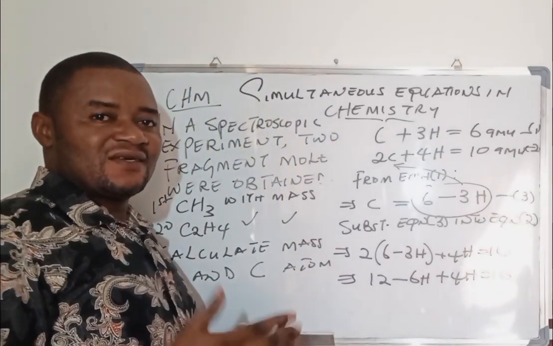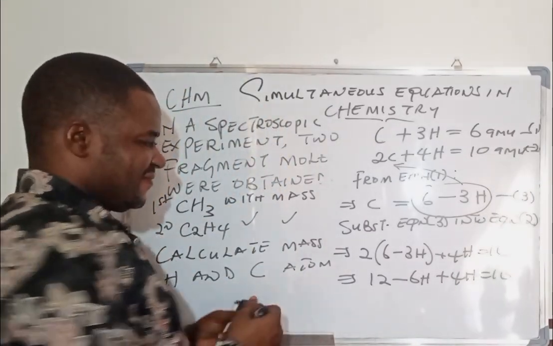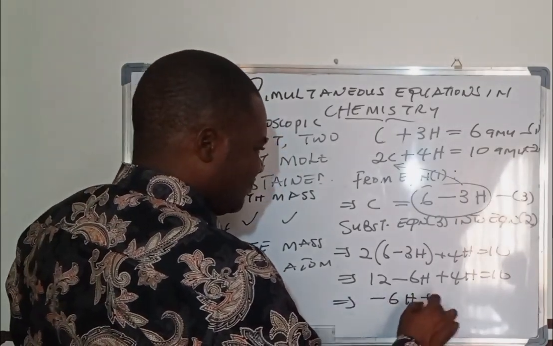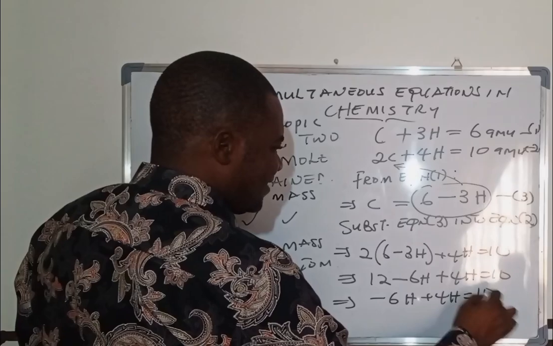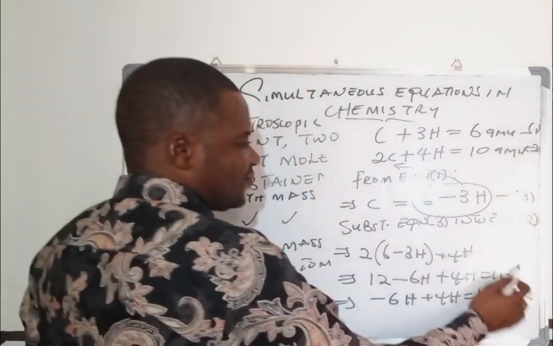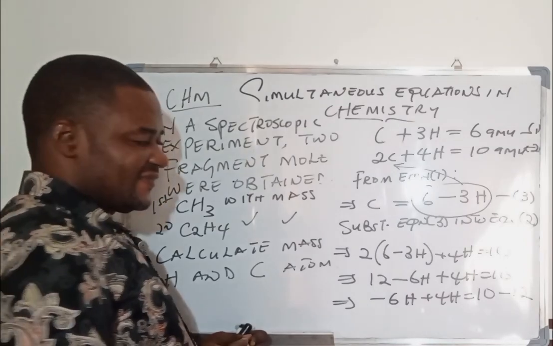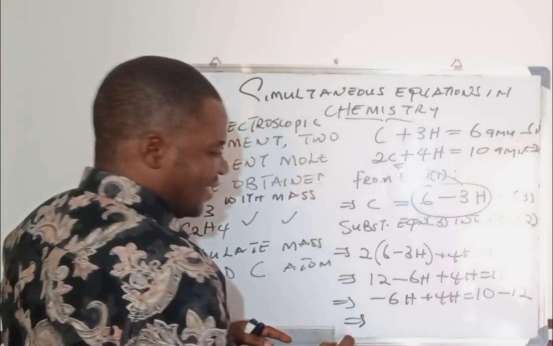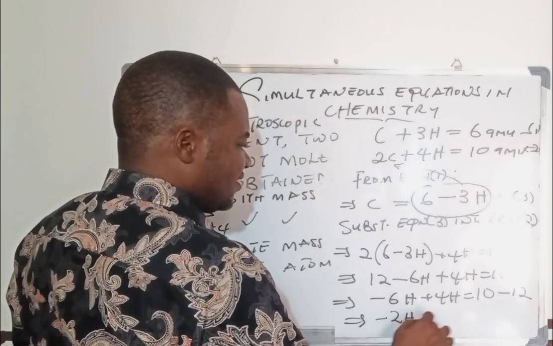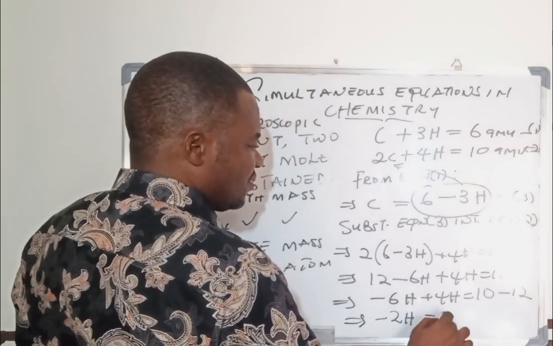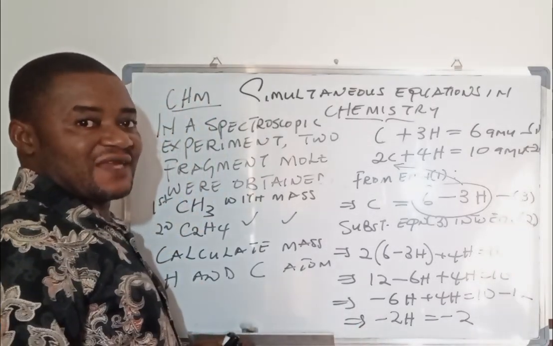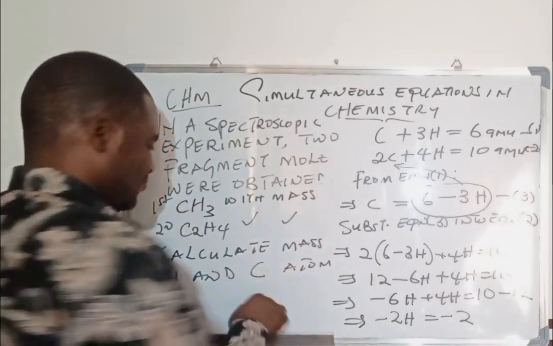What do we do next? We collect like terms. So we have minus 6H plus 4H equals 10 minus 12, because plus 12 has moved to the right-hand side. At this point, minus 6 plus 4 is minus 2H, and 10 minus 12 is minus 2.